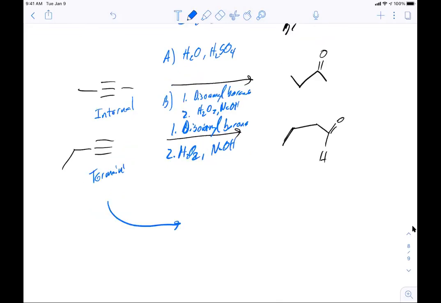If we had used water, mercury, and sulfuric acid, we would have ended up with the ketone. So the regioselectivity would have been different.